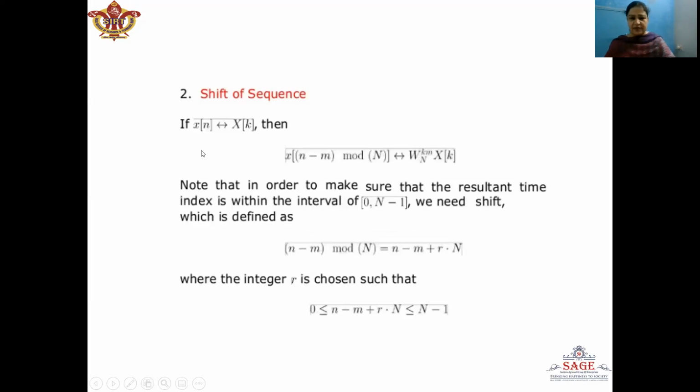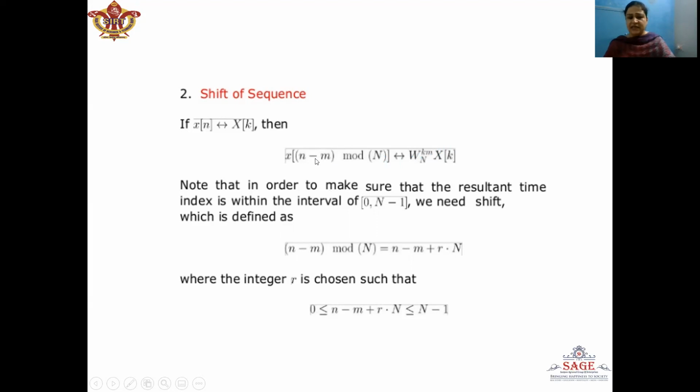Similarly, the second property is the shift of the sequence. That means if we shift the time domain signal by m units, our frequency domain representation X[k] is multiplied by an exponential term involving m, where m is the number of units by which the time domain signal is shifted.